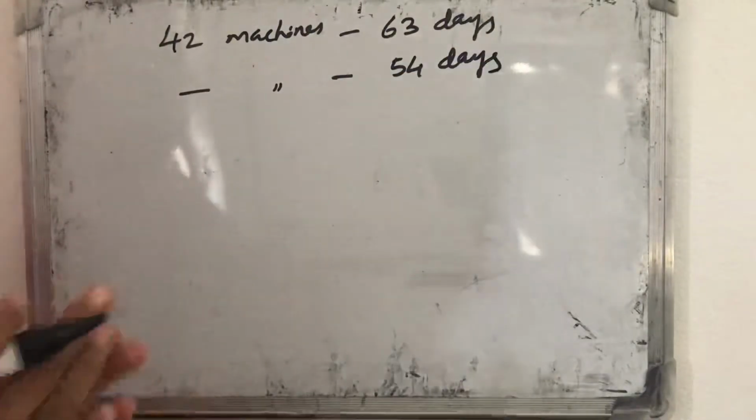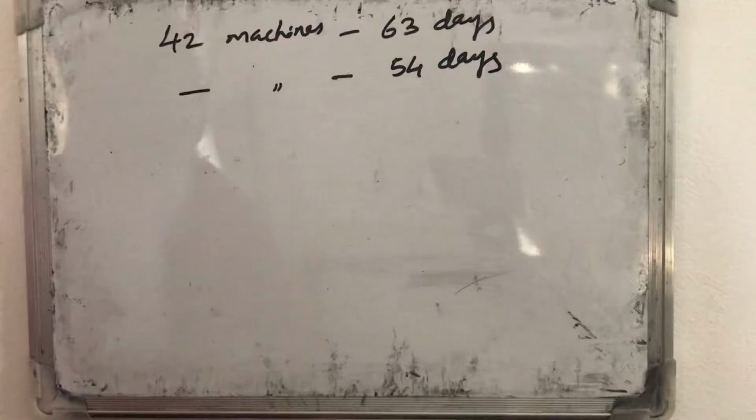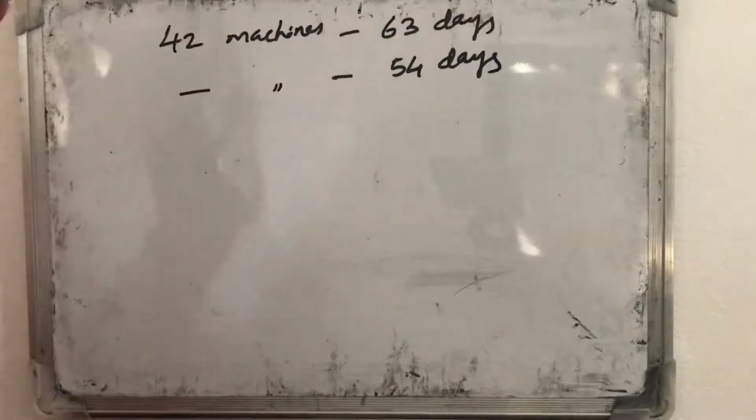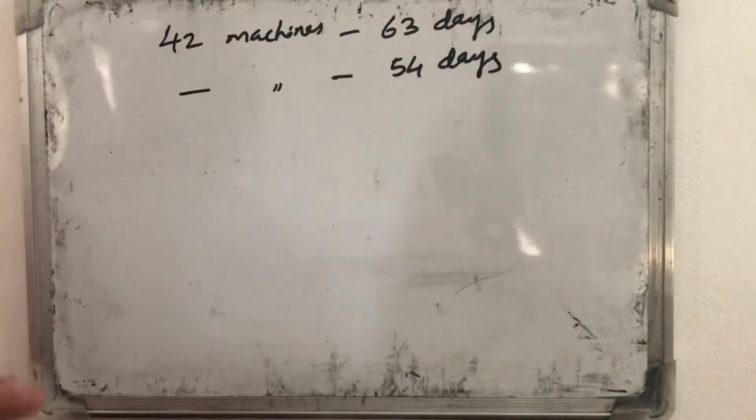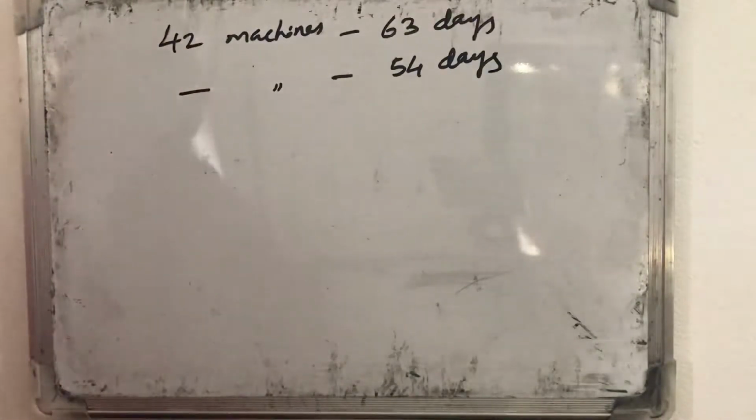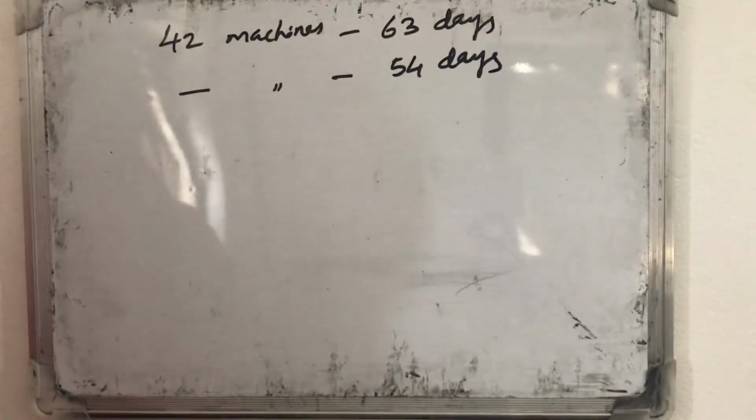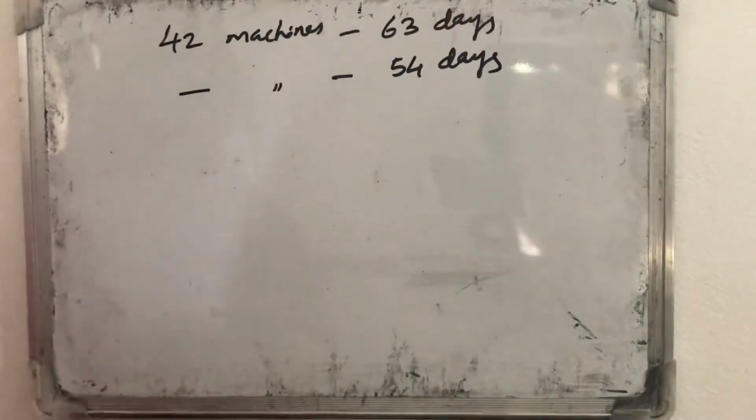So when we think about this question, the number of articles produced should be the same, but the number of machines is different. If 42 machines are used, 63 days are required. Then how many machines should be there to produce those articles in 54 days?